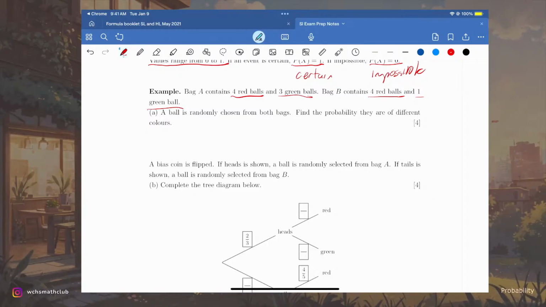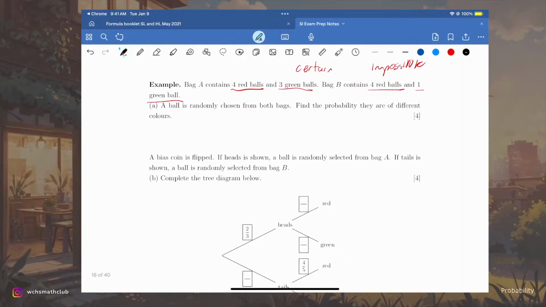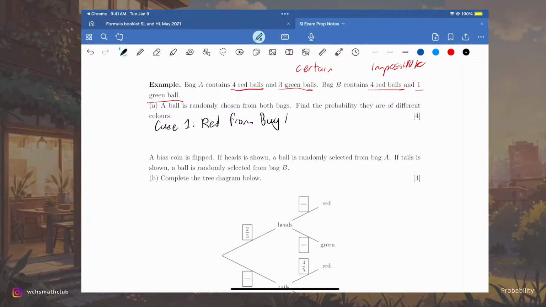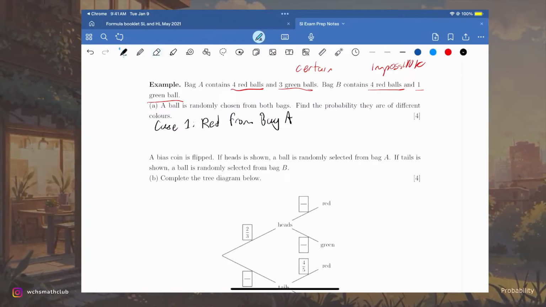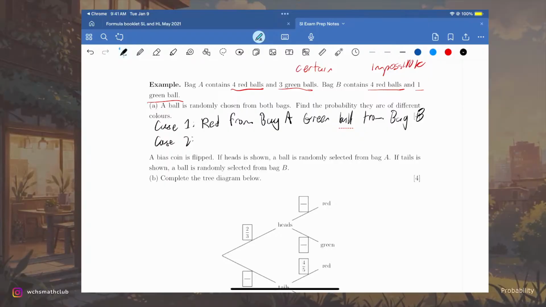Okay, so first of all, we're going to split this into 2 cases. So first of all, we have case 1. We draw a red ball from bag A. And then obviously we have a green ball from bag B. And then case 2 would be the opposite, because we also need that they are of different colors.